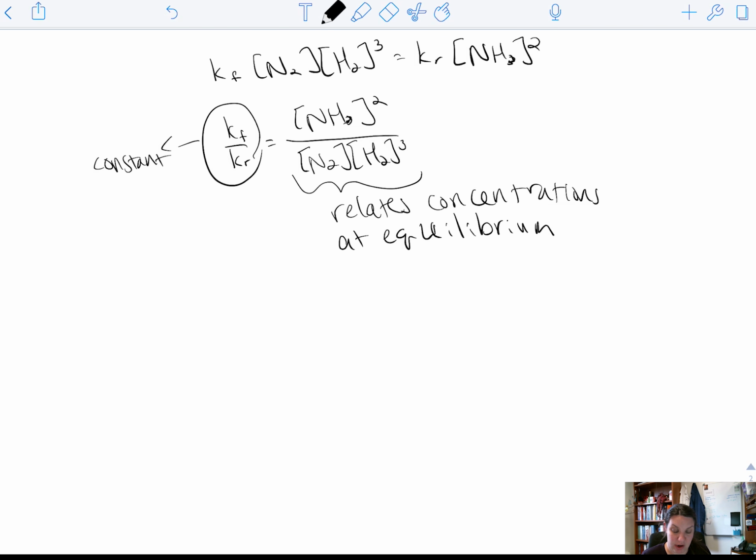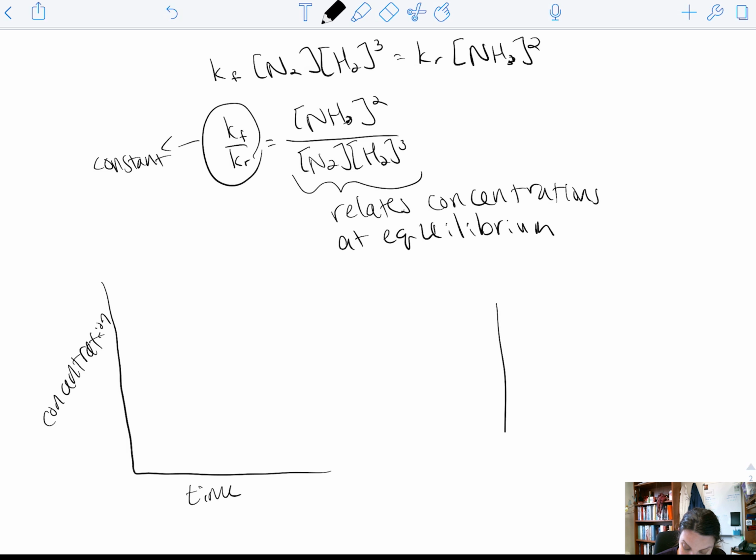So let's think about what's going on graphically. We can think about this in terms of concentration versus time, or rate versus time.